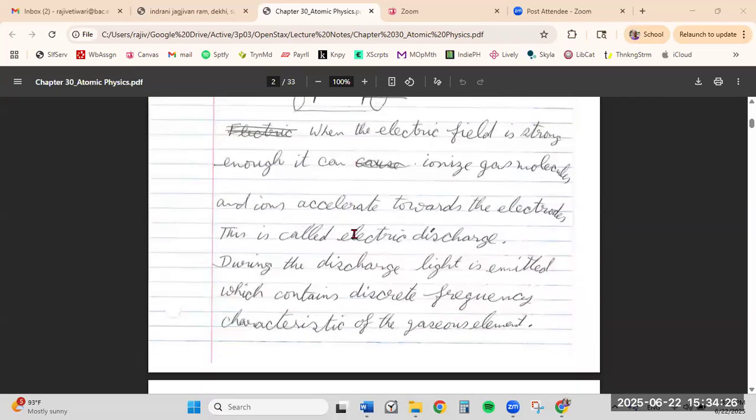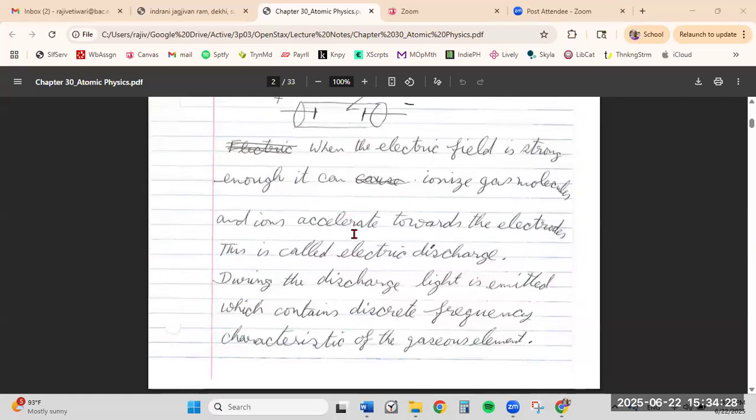This ionization and the subsequent movement of the ions in the tube is called an electric discharge. During this discharge, light is emitted, which contains discrete frequencies. If you analyze this light, it's not like sunlight where you have all possible visible frequencies.